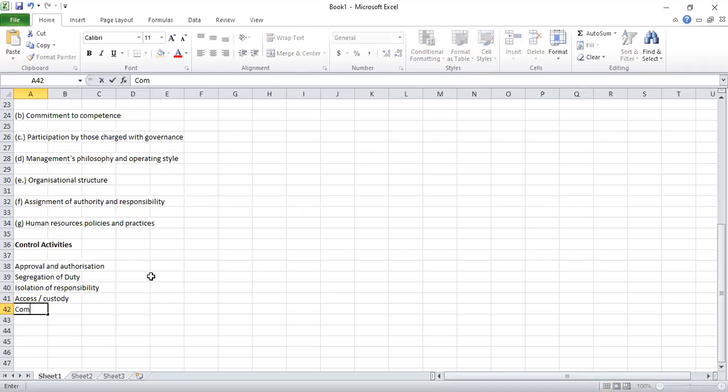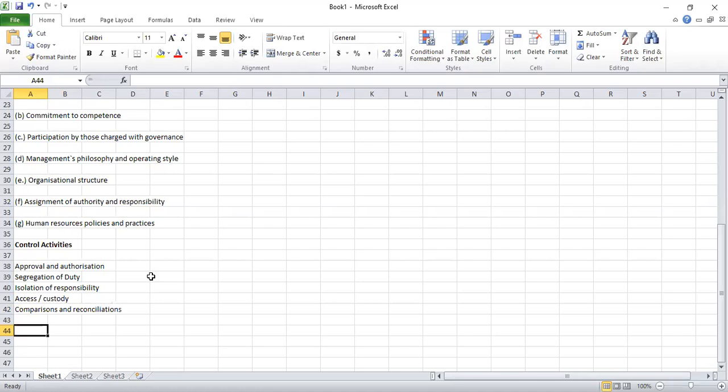Right, we have comparisons and reconciliations. At the end of the day, you can have your creditors ledger and your creditors control account. At the end of the period, we find the balance in our creditors control account, and we also make a list of the balances as they appear in the ledger.